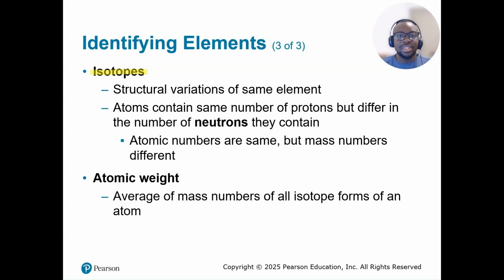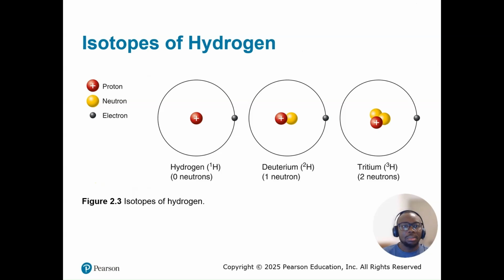Isotopes of an element typically exhibit the same chemical properties, but have different atomic masses. The atomic weight of an element is the weighted average of the atomic masses of all the isotopes of that element.